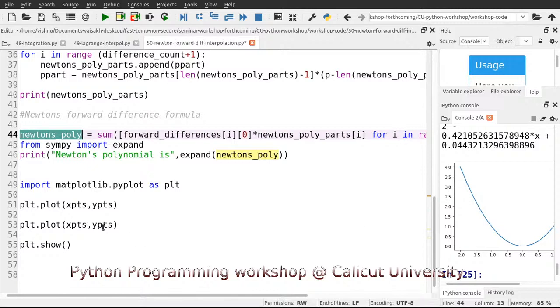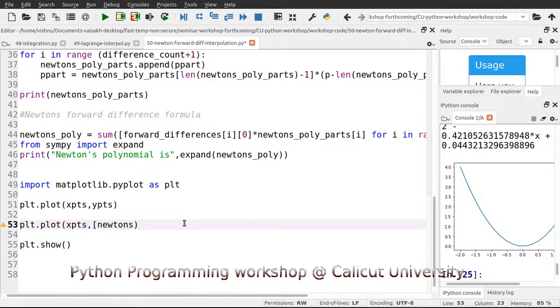We need to evaluate these y points correspondingly. This is a symbolic Python variable, therefore we cannot straight away use that. It's not possible, so we need to evaluate it one by one. That's the problem when we are mixing symbolic Python and numerical Python.